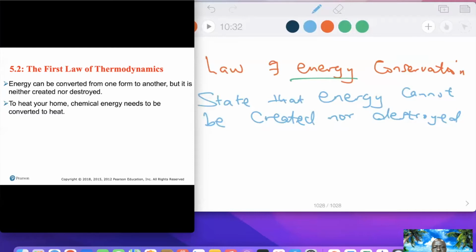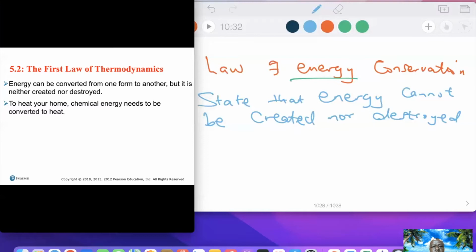I can give you another example which illustrates the first law of thermodynamics: gasoline. We all know gasoline, right? Gasoline has stored energy in the chemical bonds. When those chemical bonds are broken, the stored energy is converted into other forms of energy.